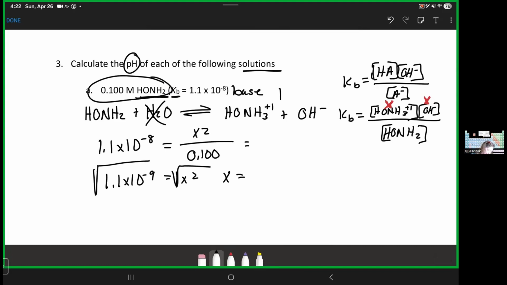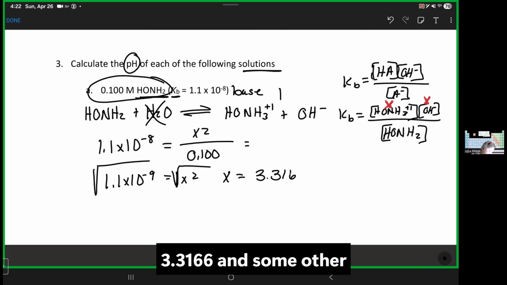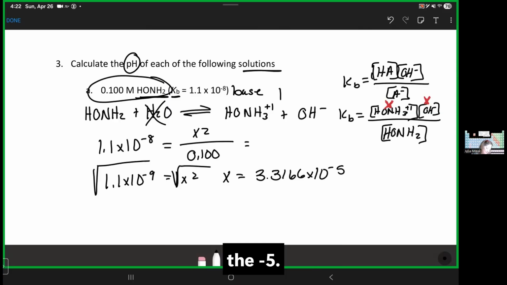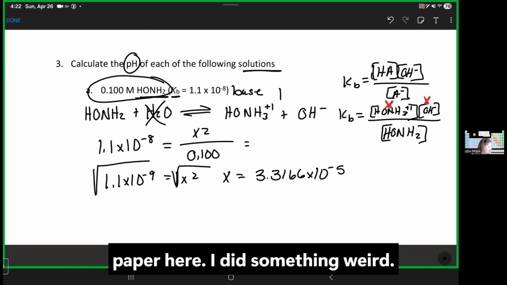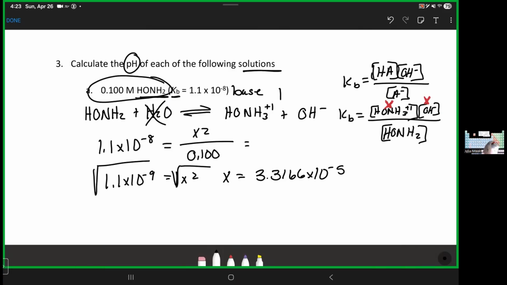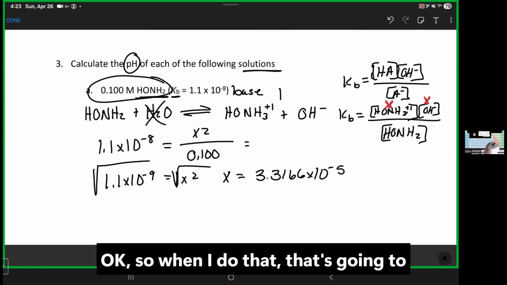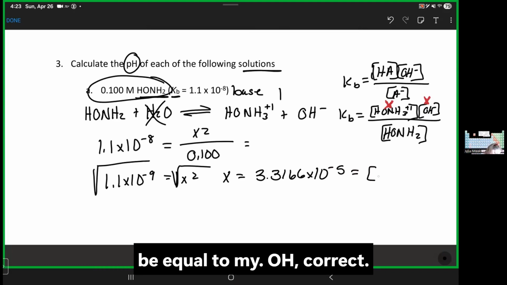I get 3.3166 and some other numbers times 10 to the negative 5. Something seems really wrong on my paper here, I did something weird. Okay, so when I do that, that's going to be equal to my OH, correct?